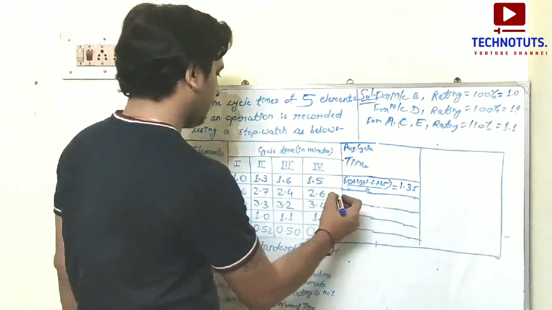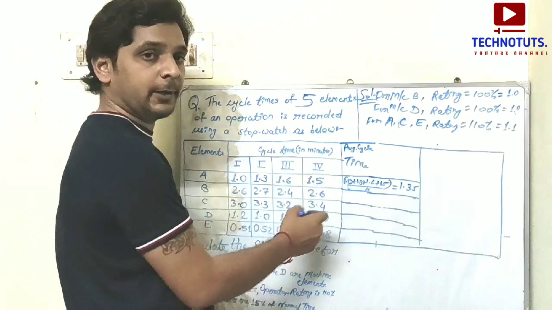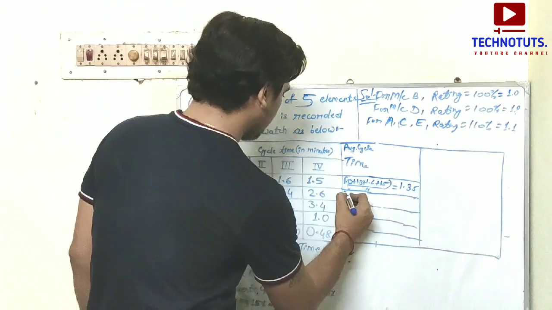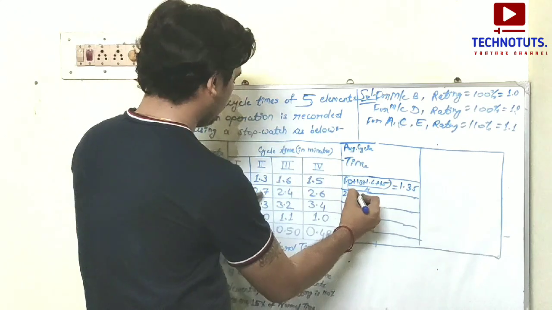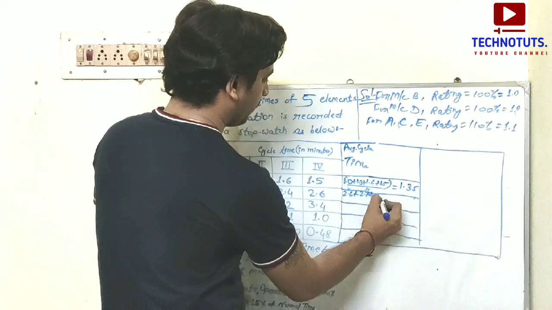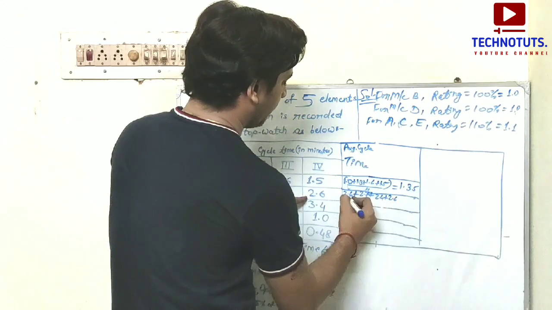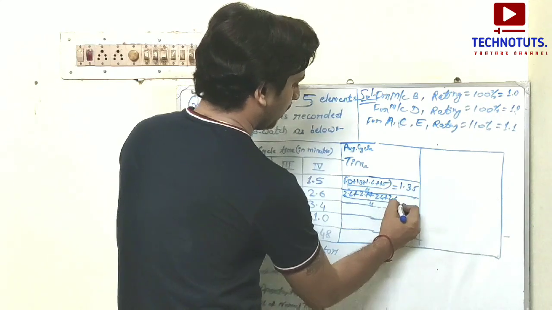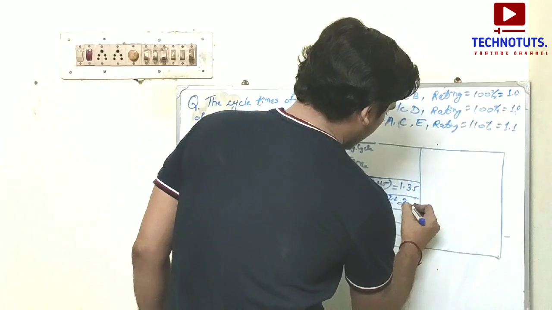In a similar fashion we will calculate the average cycle time for element B. For operator 1 the cycle time is 2.6, operator 2 is 2.7, operator 3 is 2.4, and operator 4 is 2.6, divided by the number of operators, 4. The value is 2.575.